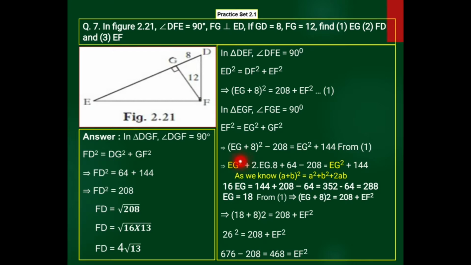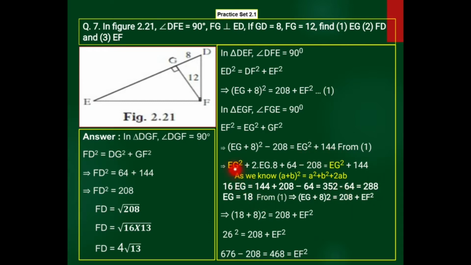Now apply the formula: A plus B whole square equals A square plus B square plus twice AB. So we write EG square plus 2 times EG into 8 plus 8 square, which is 64, minus 208, and the right hand side as it is, EG square plus 144.